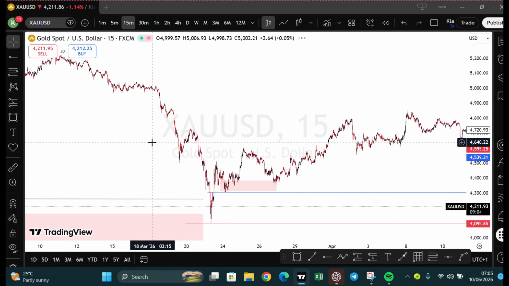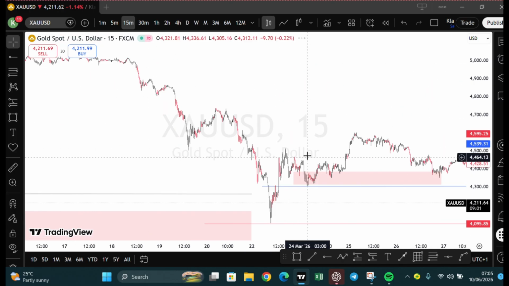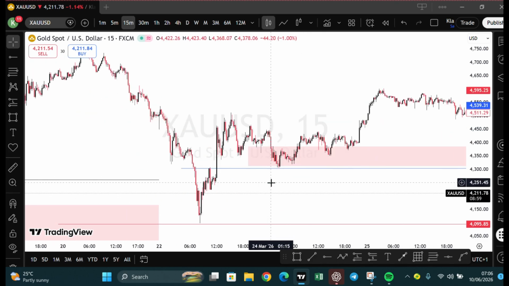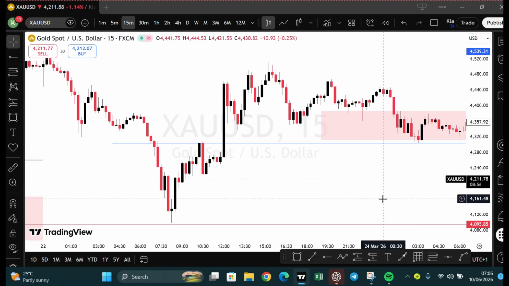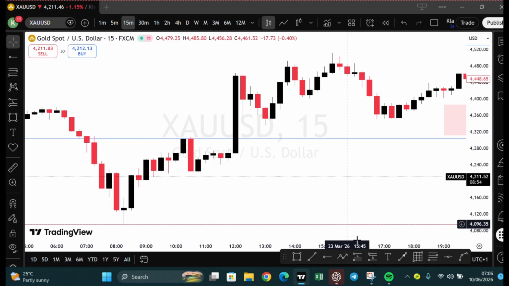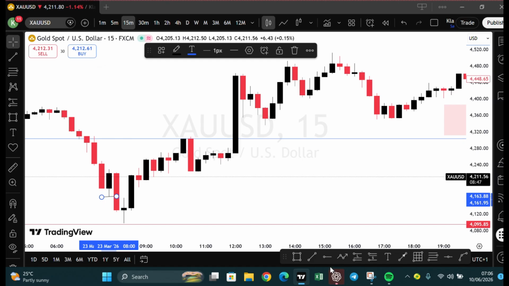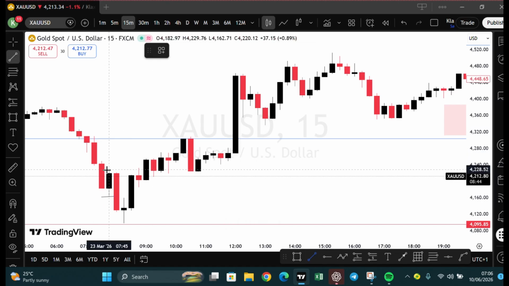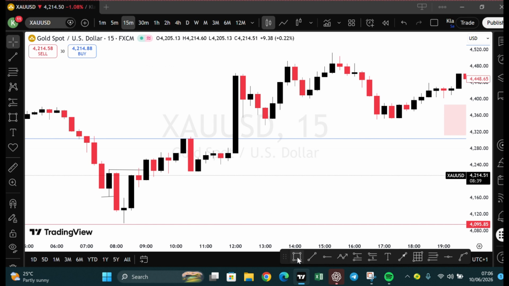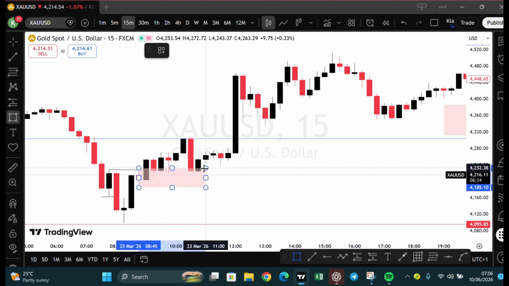So on the 15 minutes, look at what I was telling you. We had this liquidity block, and we had this high taken out. Then this was the first bias inside of this trend.